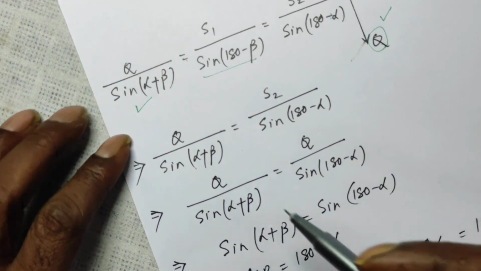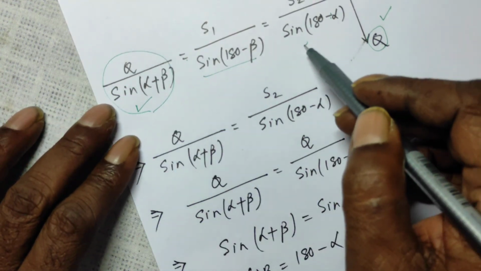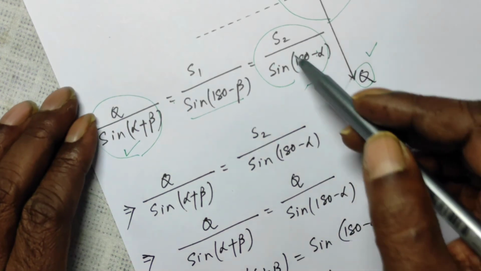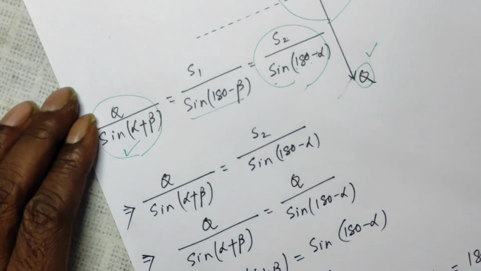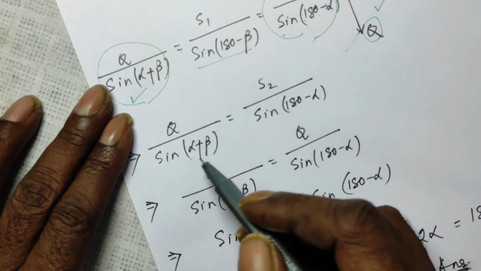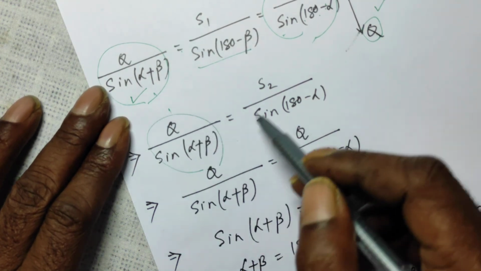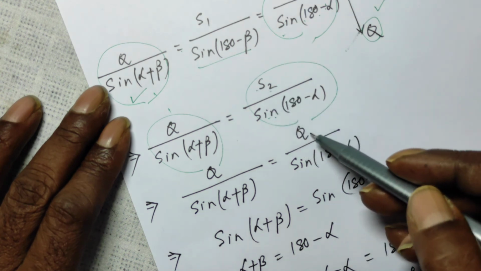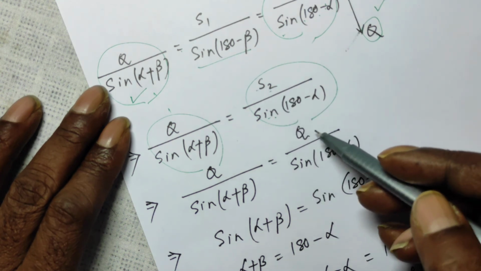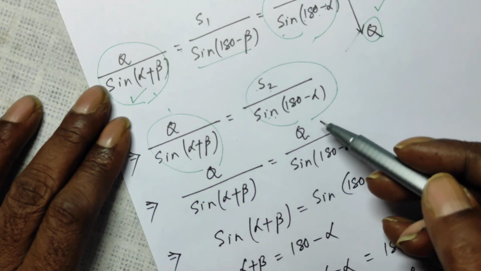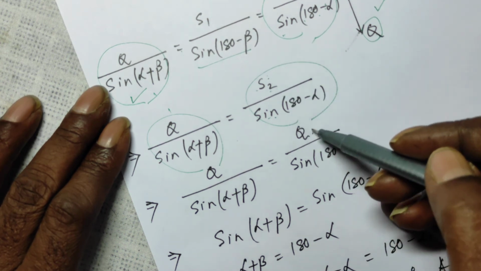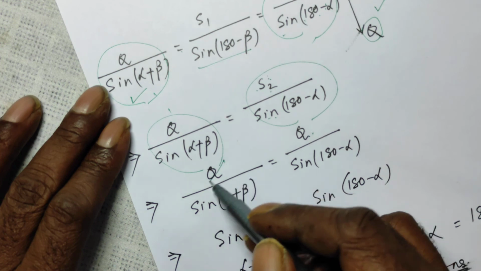So if you consider these two equalities, Q over sine of alpha plus beta is equal to S2 over sine of 180 minus alpha, and since S2 was equal to P and P was again equal to Q, I can substitute Q for S2. So Q cancels.